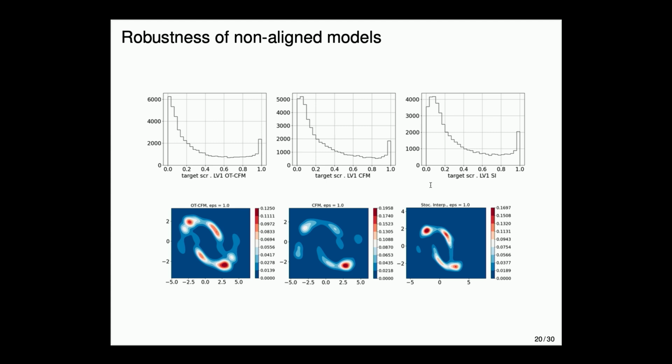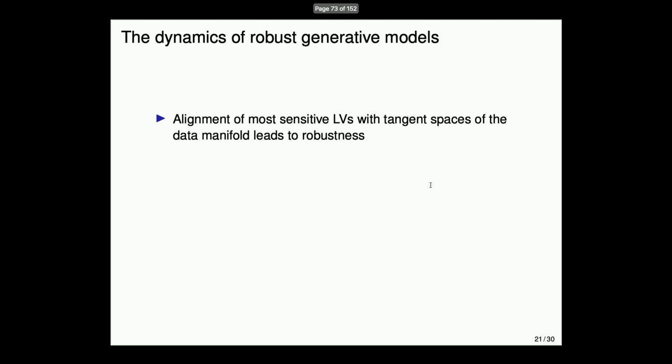So, when you don't have much alignment, which is this case and this case, the support looks very far away from the actual target support, the 2 moons, than this one, which seems to be the best among these conditional flow matching, but the diffusion seems to be better than all of these conditional flow matching.